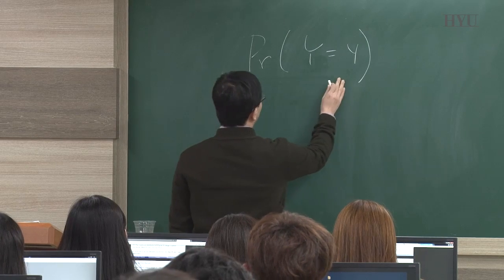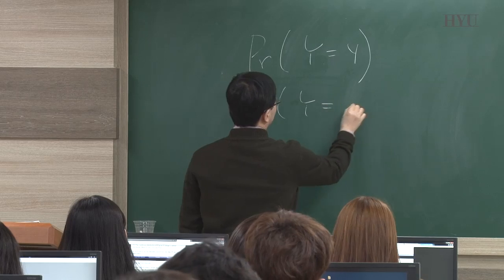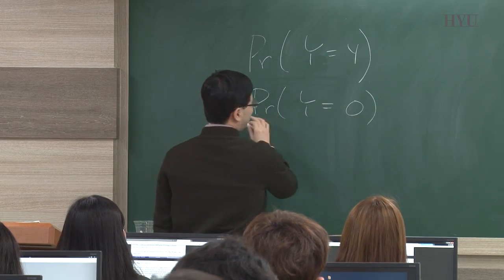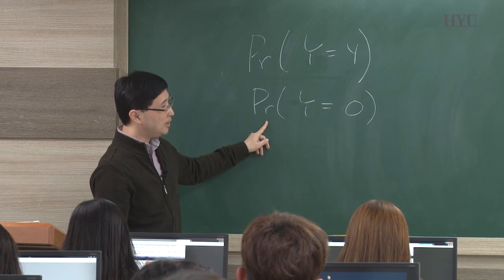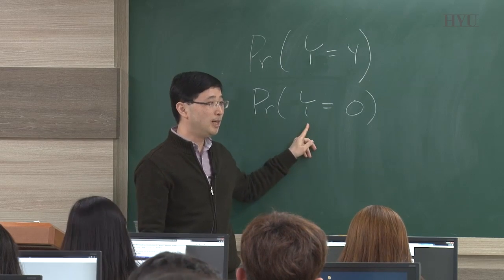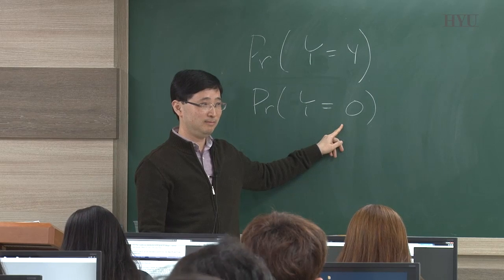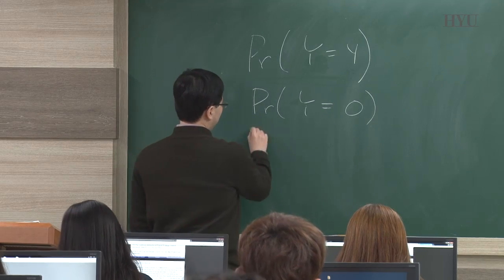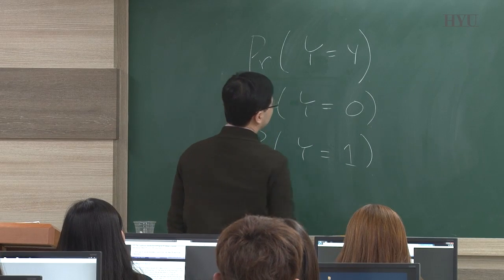This is just a general way to write things down. So does it make sense? What I'm saying is, what is the probability that this random variable Y takes the value 0? Okay? Or we can write something like that.